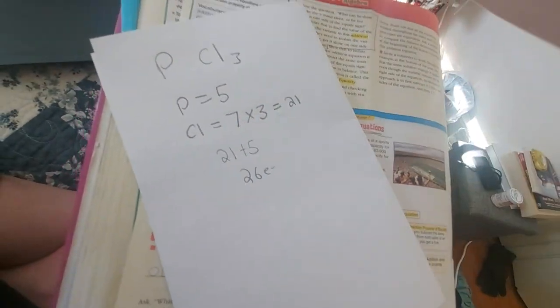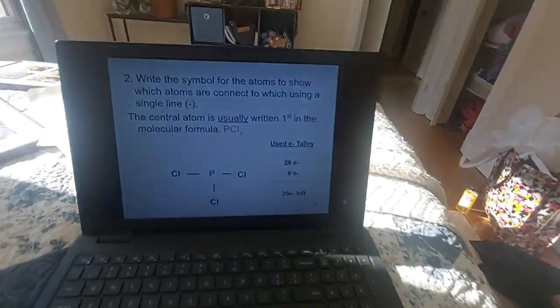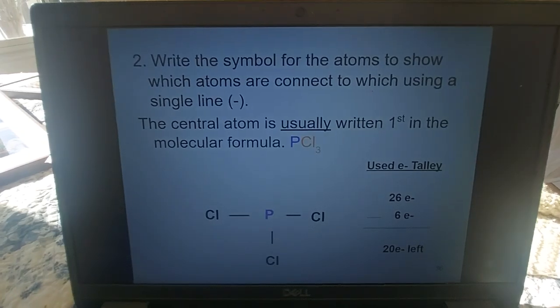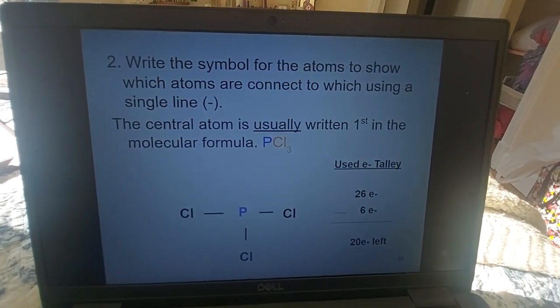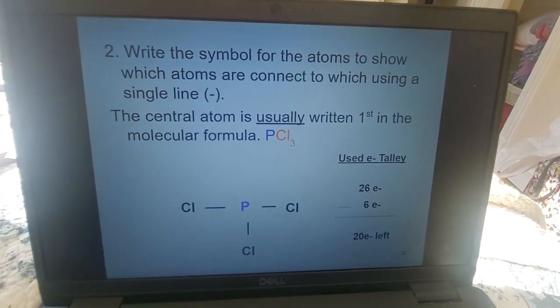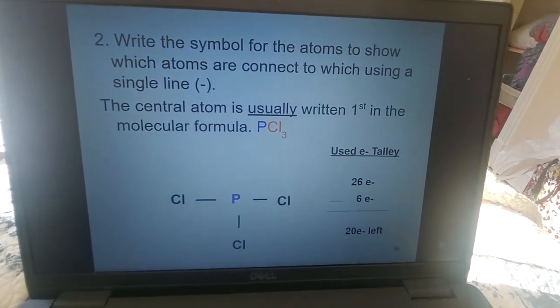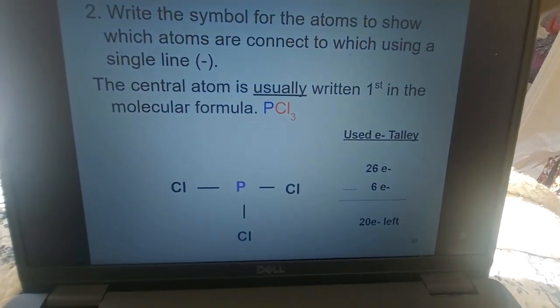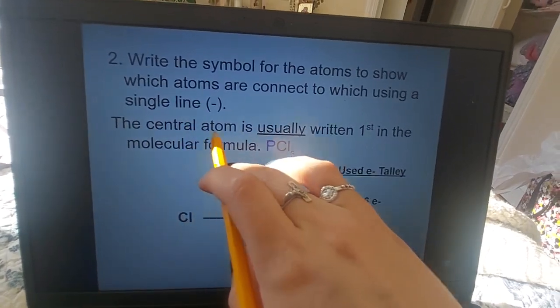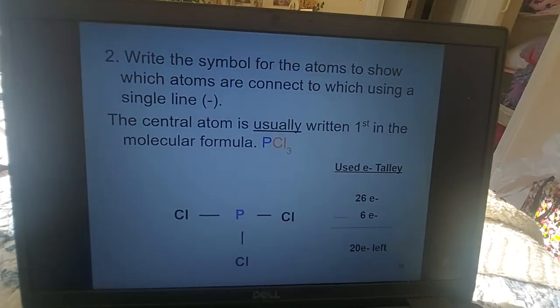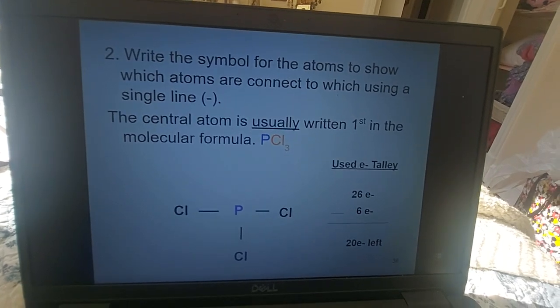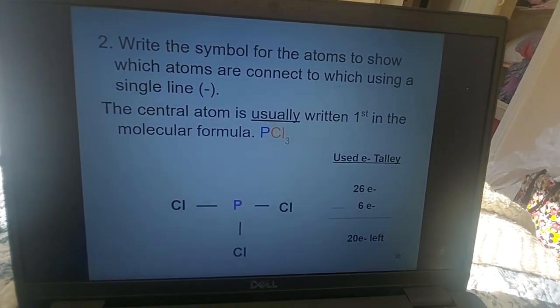All right, now we're going to write the symbol for the atoms to show which atoms are connected, just using that single line I was talking about before. This is important, so write this down. The central atom is usually written first in the molecular formula.